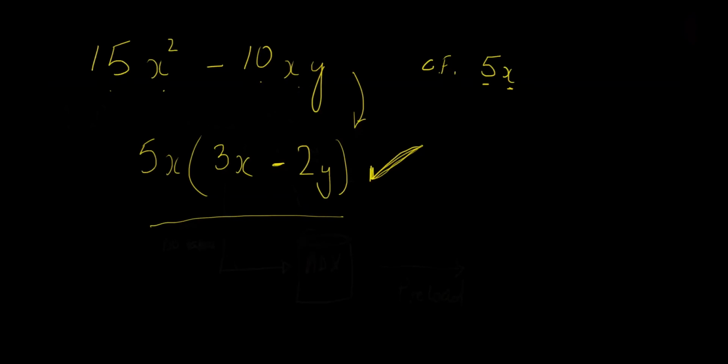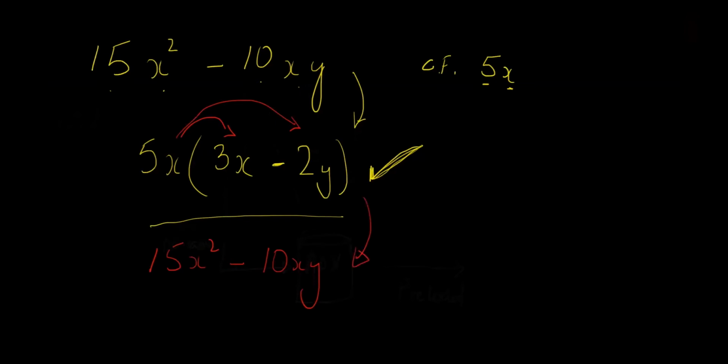For a check, it would be 15x squared, and then 5x times minus 2y is minus 10xy. So I know I've done it right. I get the same thing.